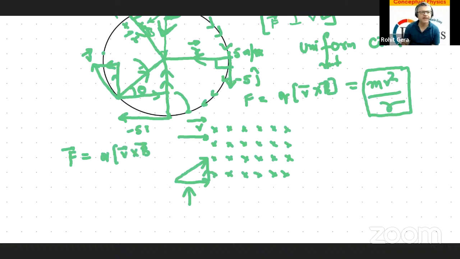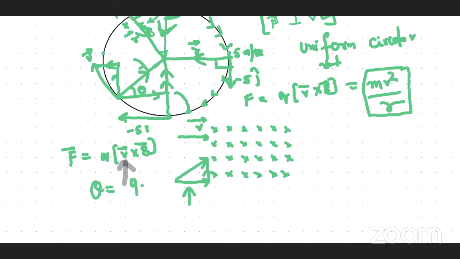We are studying a situation where velocity, which is being considered for this particular scenario of uniform circular motion, is perpendicular to B. That means theta is 90 degrees.